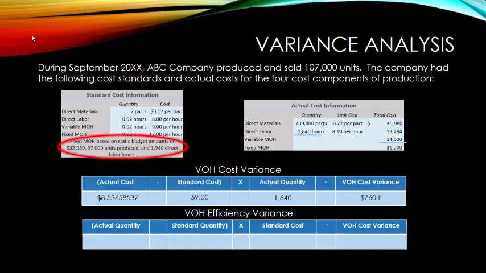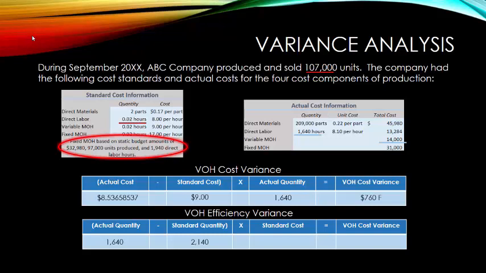For efficiency, let's do the same concept. The actual quantity of our cost driver that ABC Company had during the period was 1,640 hours of direct labor. Well, what's our standard quantity? If we go up, direct labor should have taken 0.02 hours per unit. We made 107,000 units, which means we should have had 2,140 hours of labor if it did indeed take our employees that long to make each unit.